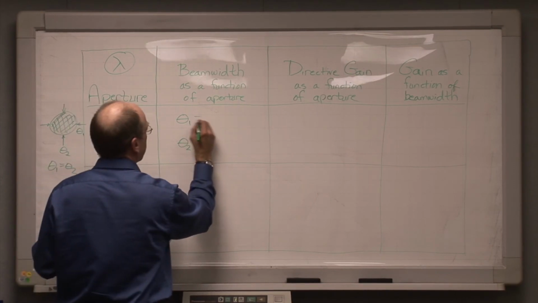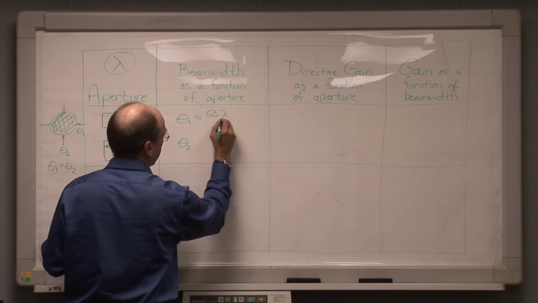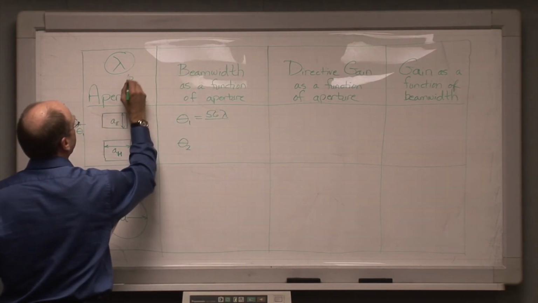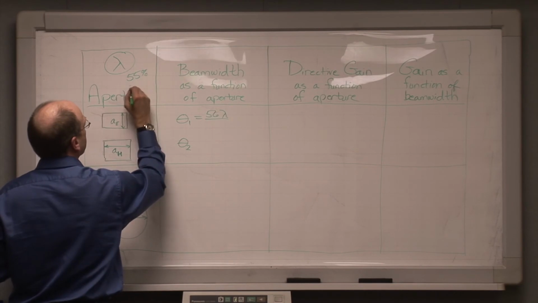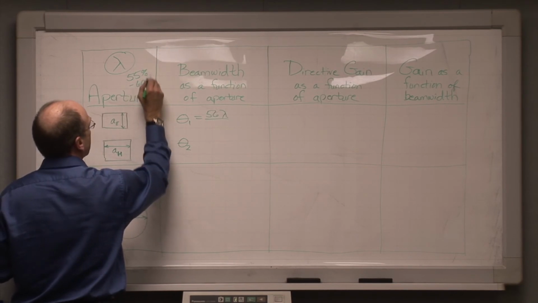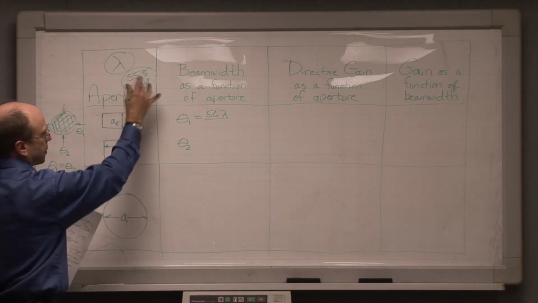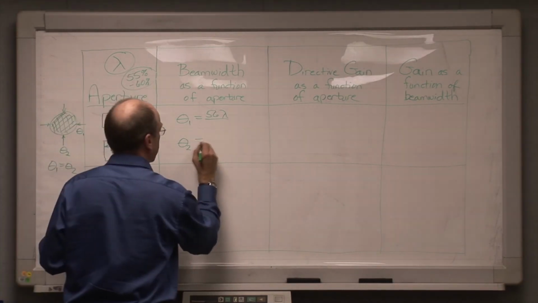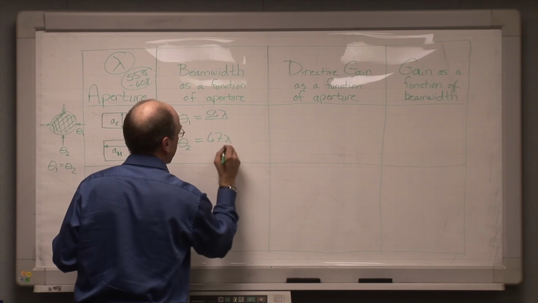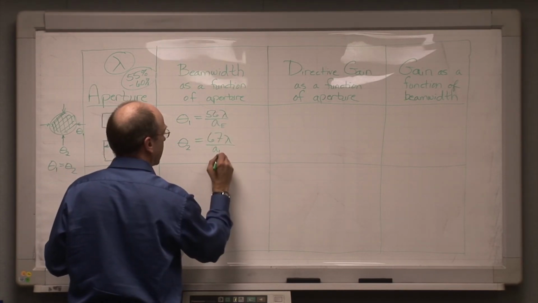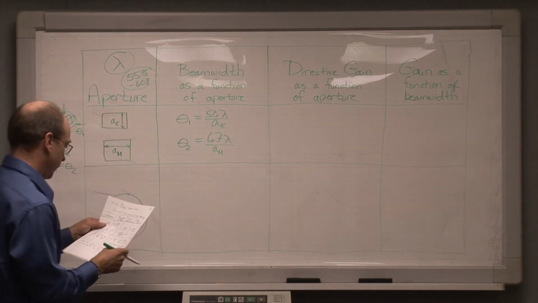Theta 1 is equal to roughly 50 lambda over A sub E at 55 to 60% efficiency. So this is for real live antennas with 55 to 60% efficiency. Theta 2 is equal to 67 lambda over A sub E and A sub H, respectively.